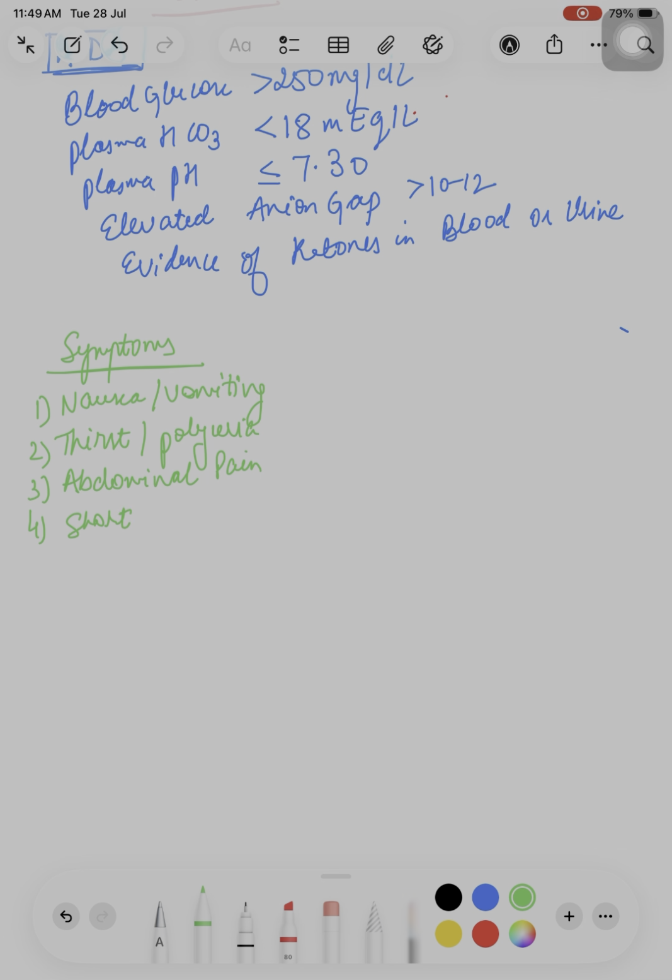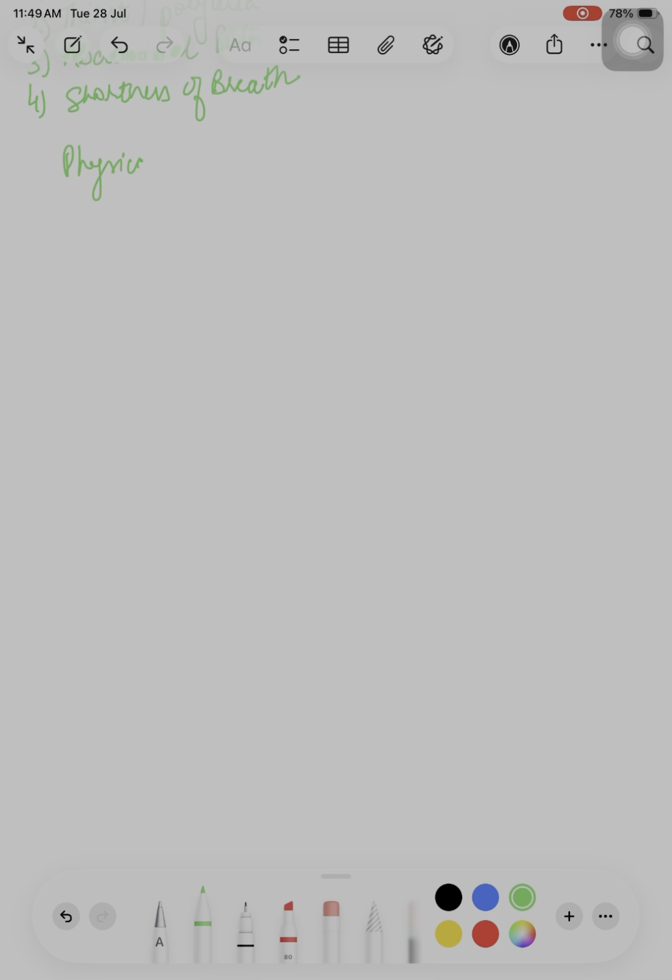Now we'll start with the physical findings. First, the patient will present with tachycardia. Second, hypotension, which can occur because of volume depletion in combination with peripheral vasodilatation.